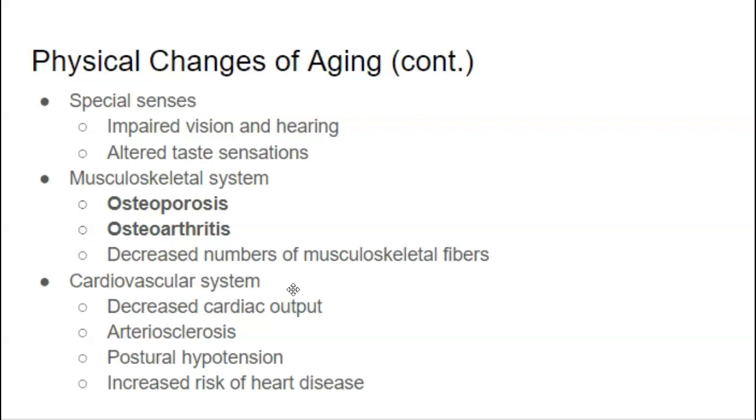Musculoskeletally, there's a number of different disease processes that they talk about here. With the musculoskeletal system, they focus primarily on osteoarthritis, which is basically degenerative joint disease. It's wear and tear on the joints. You see it mostly in the weight-bearing joints, which are the knees and the lower back. It can affect other areas.